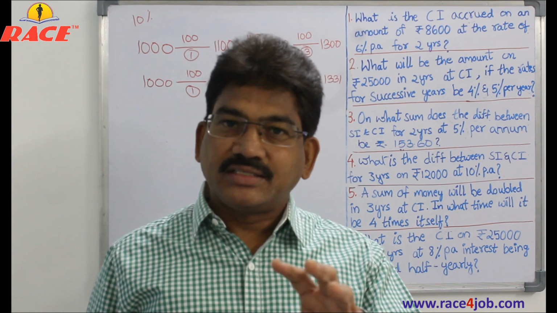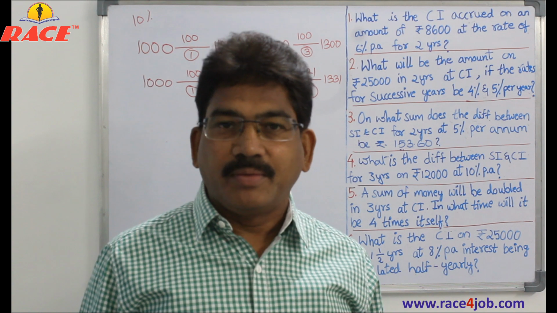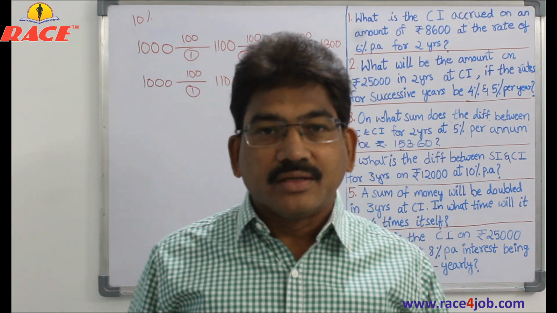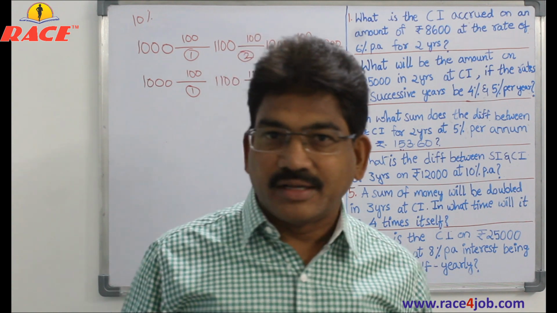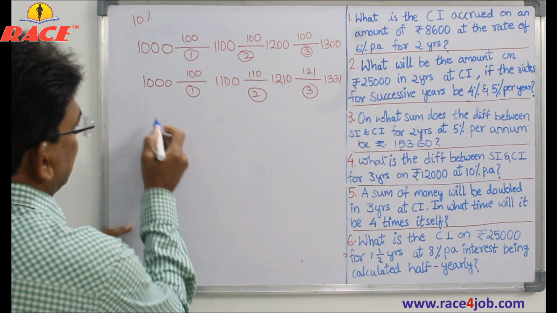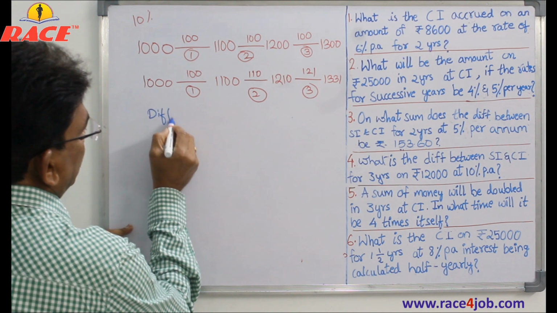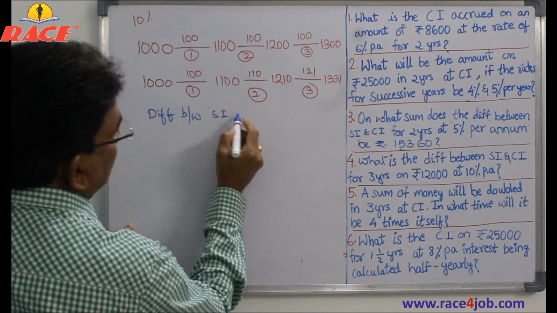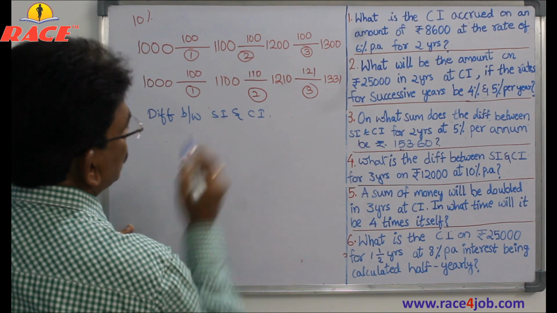Actually, even though I said don't use much formula, in this case, yes, it is important. If you can remember this formula, you can get the answer immediately. Let us see the difference between SI and CI.